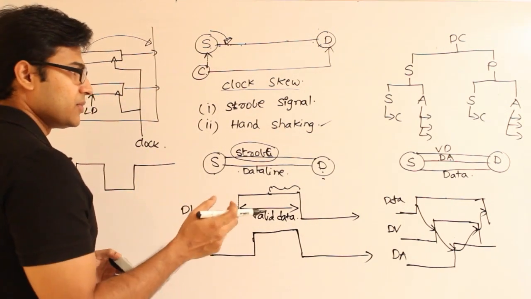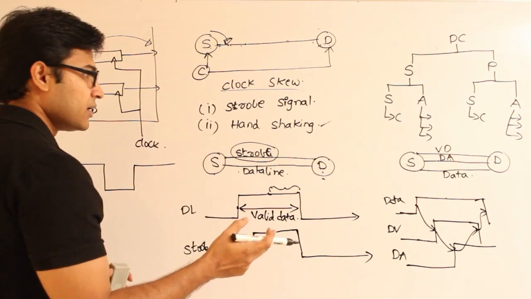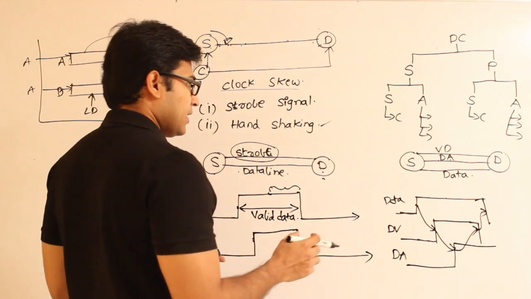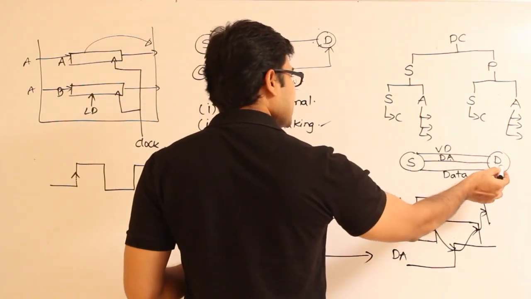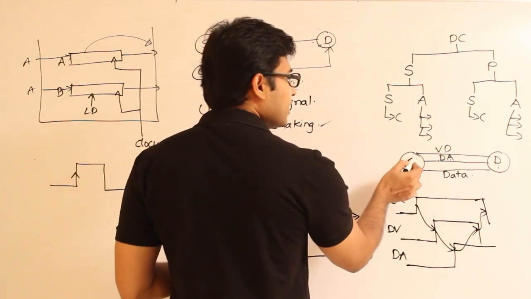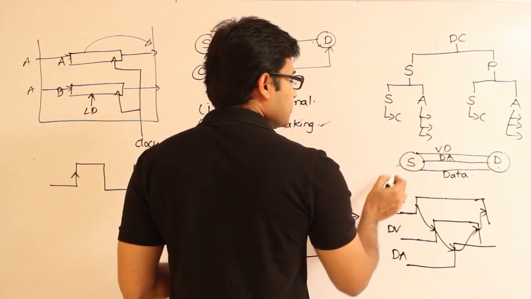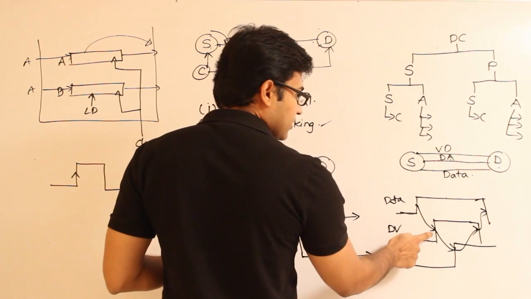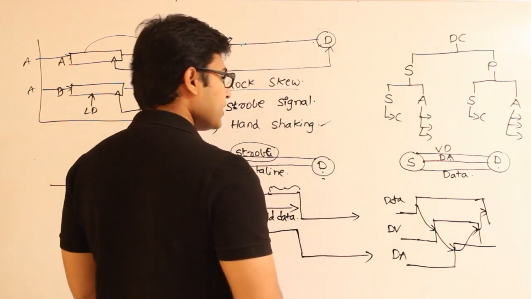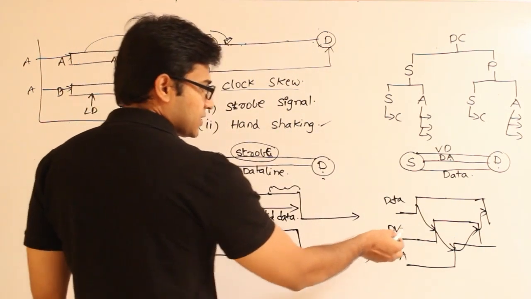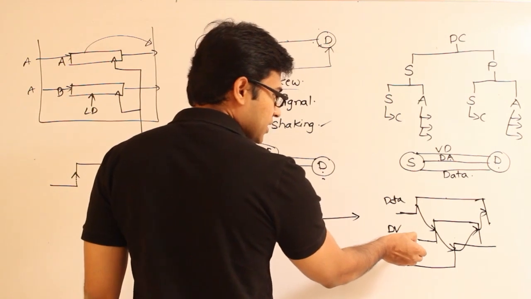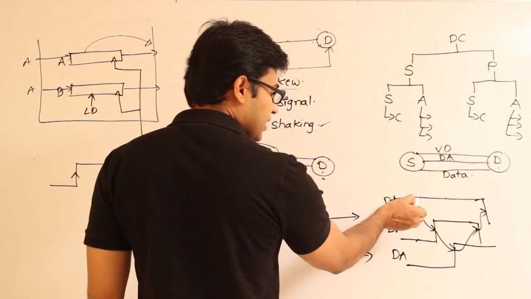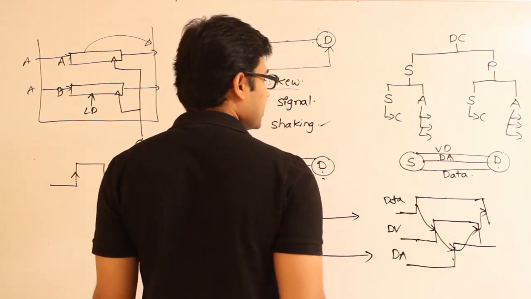So whatever example I have given you here and here, they are actually data transmissions initiated by the source, which means source wants to send the data and source is sending it. Sometimes what happens is, data can be requested by the destination as well. That is why these two lines are actually bidirectional. So sometimes destination can first raise the request for valid data, which means first this one will happen from destination, and then data will be sent by the source as a response, and then acknowledgement will be sent by the destination, right?